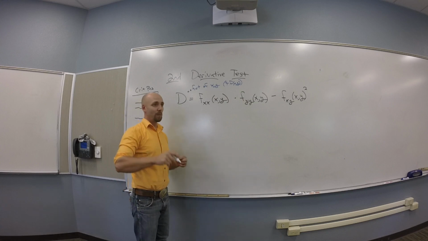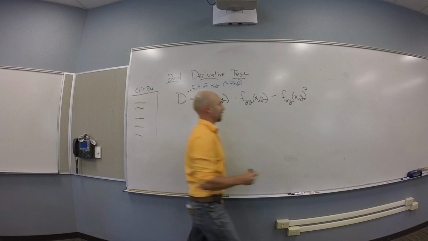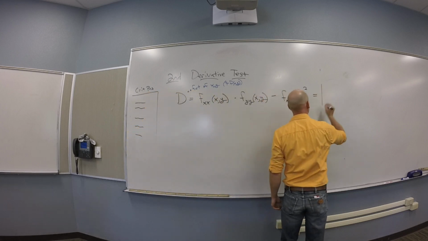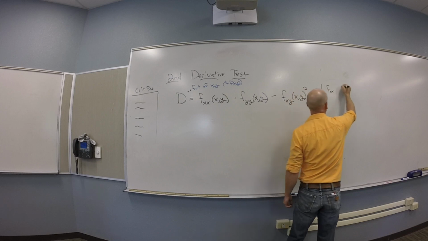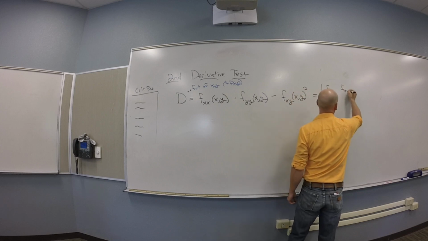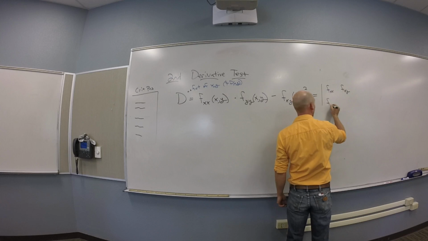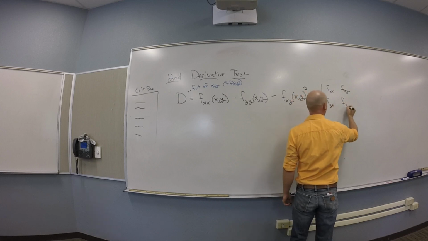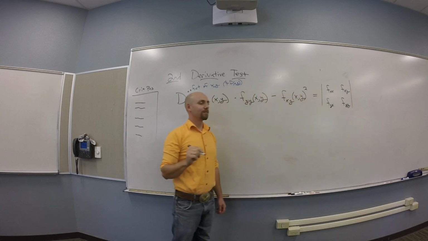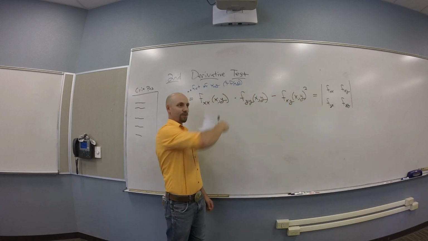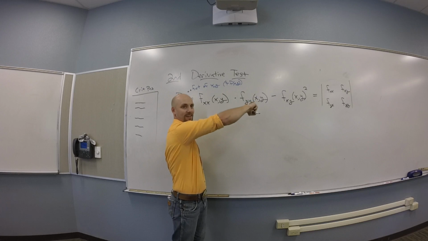You guys want a way to remember this? The way to remember it is that it's the determinant of fxx, fxy, fyx, and fyy. You remember the thing we did for cross products, where you do this diagonal minus that diagonal?